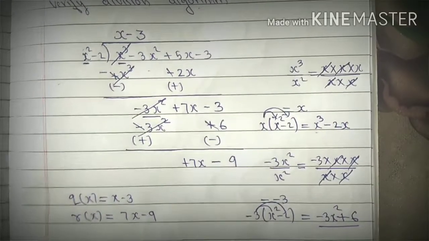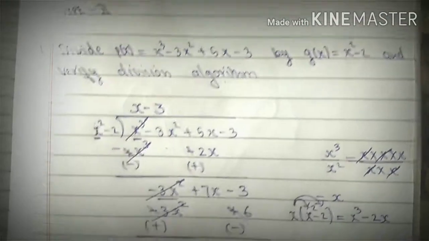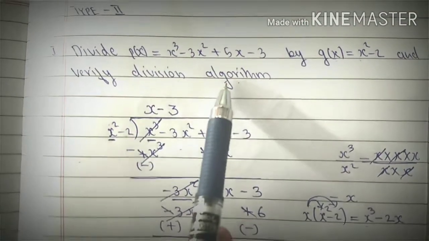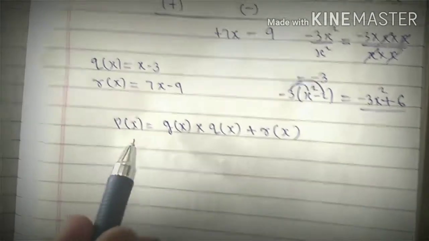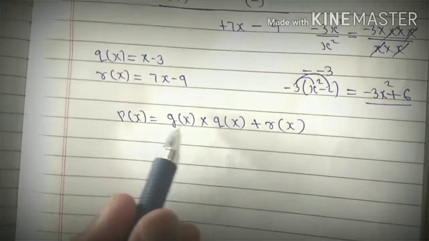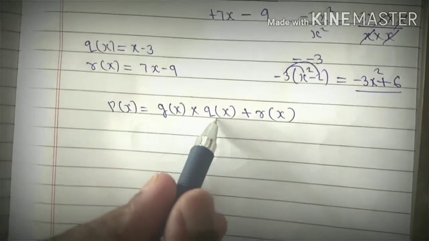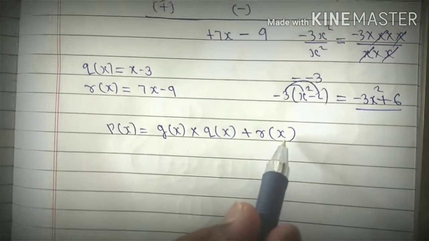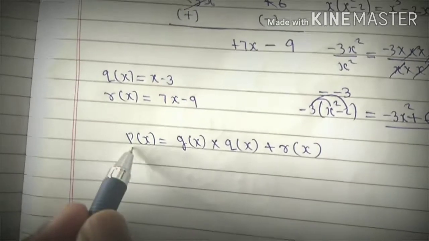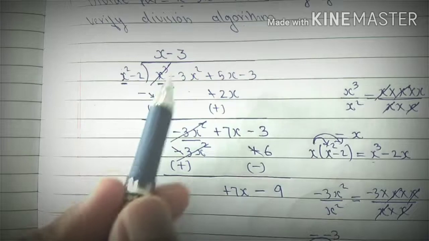Students, this is not the end of this particular problem, because the problem says that you have to verify division algorithm, and in order to verify division algorithm, we write p of x is equal to g of x into q of x plus r of x. Now I know that my p of x is nothing but my dividend.